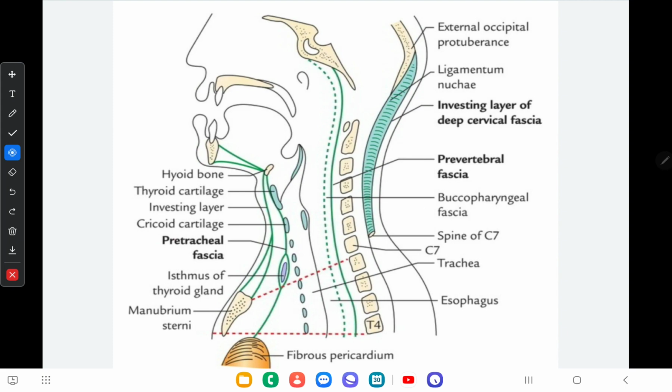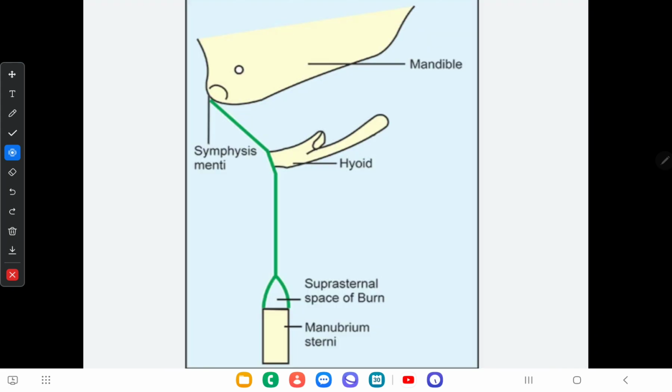Then when we talk about the superior attachments posteriorly, it has a linear attachment to the external occipital protuberance, superior nuchal lines, mastoid process and cartilaginous part of the external acoustic meatus.